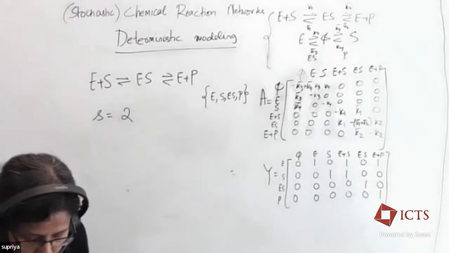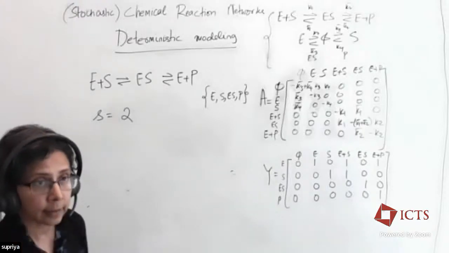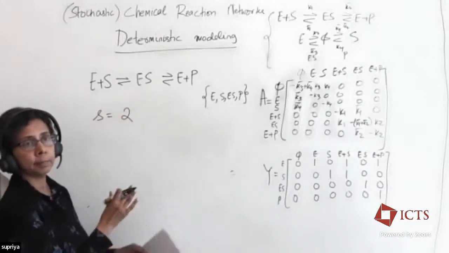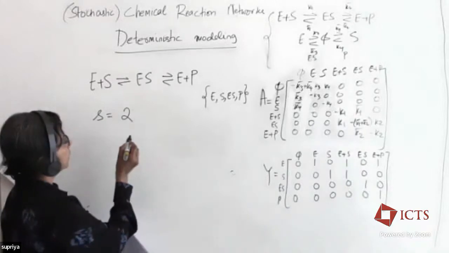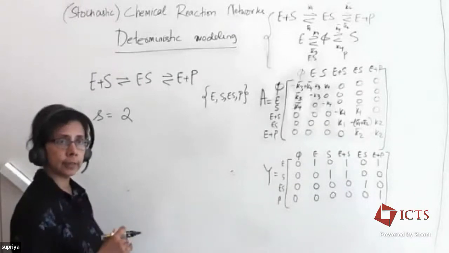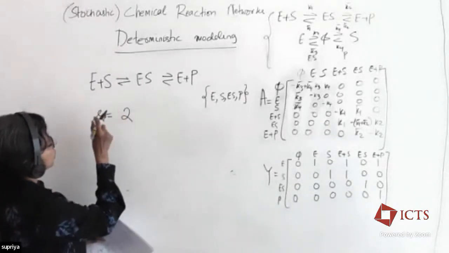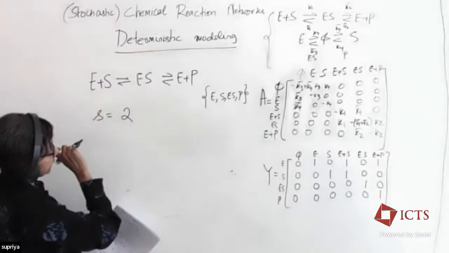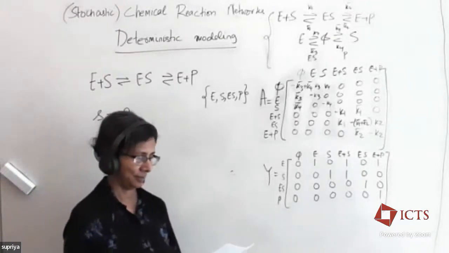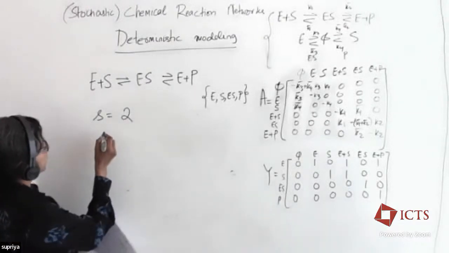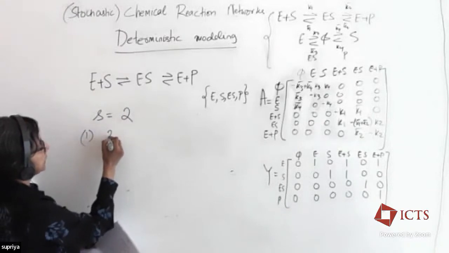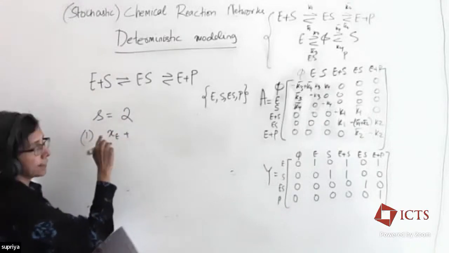It's easy to see, and we'll take an example of this in our tutorial as well. We'll just set up all the equations and try to work them out, and you'll see how the conserved quantities play a role. It's going to be important even when we talk of the stochastic variation. So the conserved quantities in this particular case, any guesses? Look at how these reactions are taking place. We have XE, remember X is our concentration.